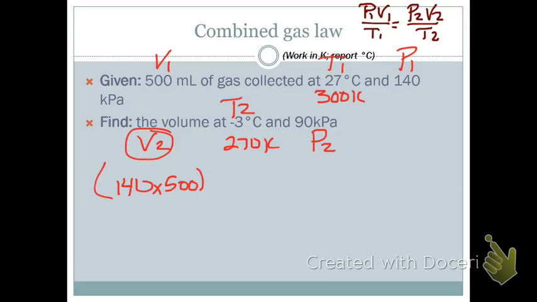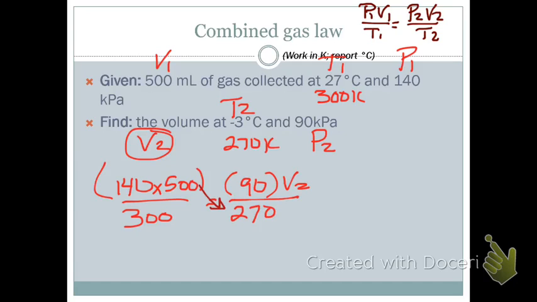And that's going to be divided by T1, which is 300. That is going to be equal to P2, which is 90, times V2, which I don't know, divided by T2, which is 270.